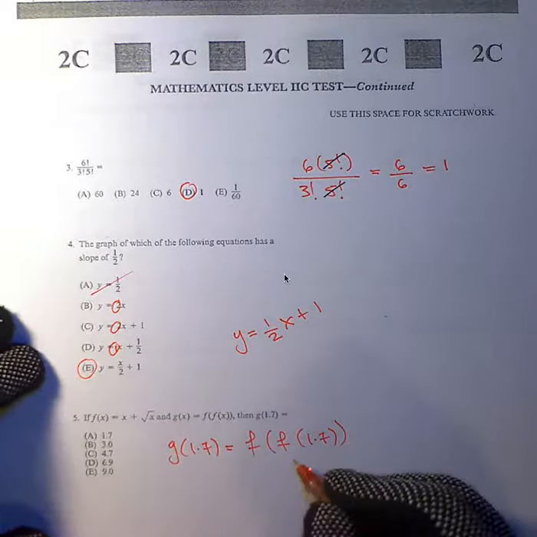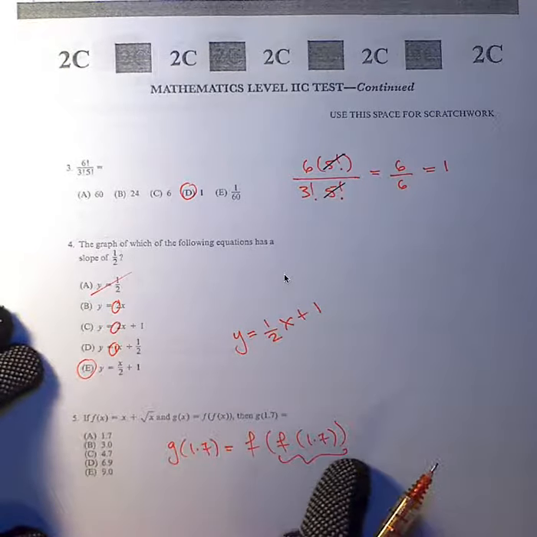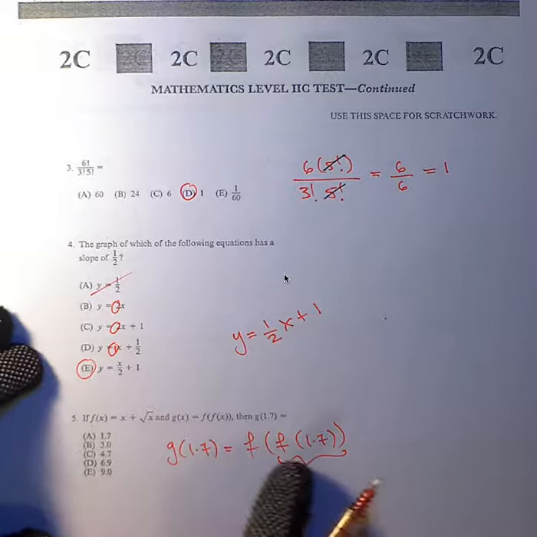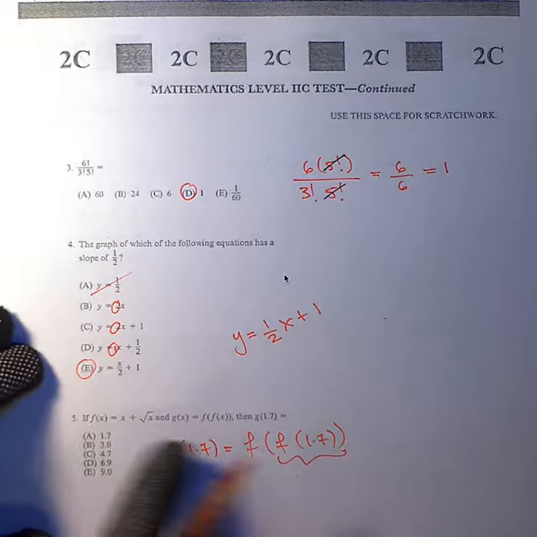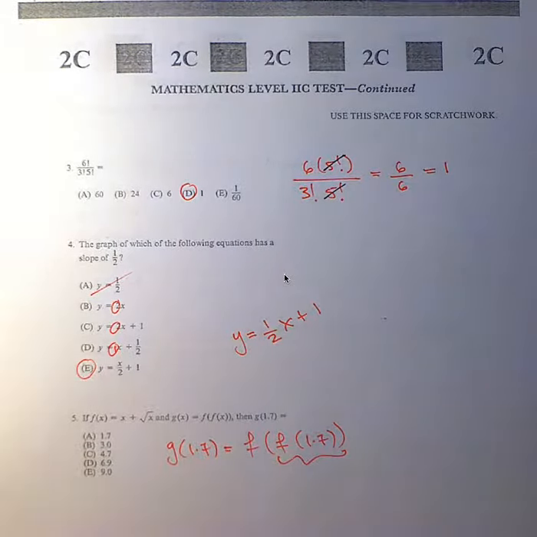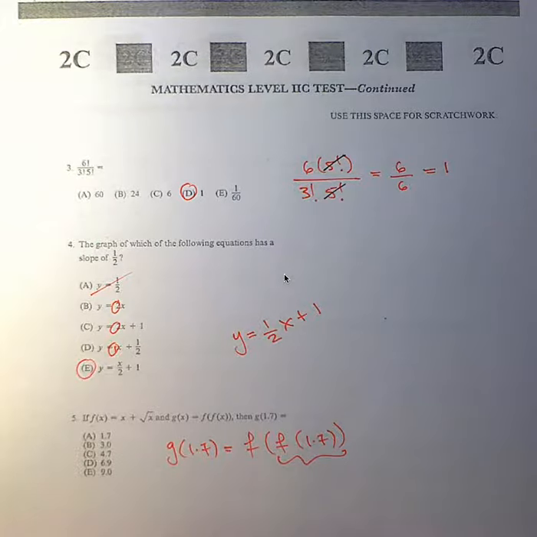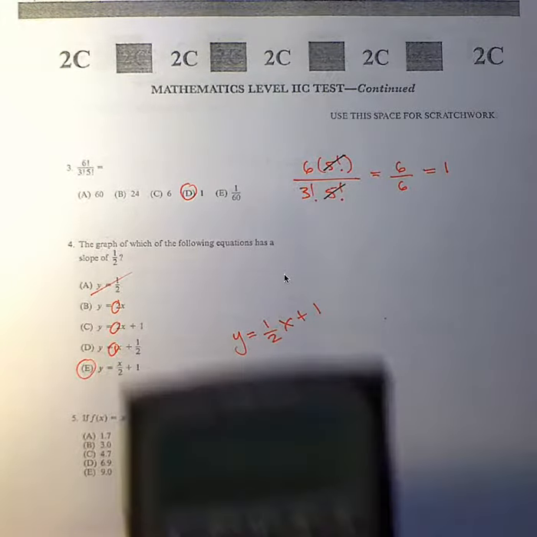So this will be some number, f of 1.7, and once you figure it out, you gotta then plug that into f. That's a lot of plugging in, especially with an inconvenient number like 1.7. If it was like 9, then fine, because the square root of 9 would come out cleanly as a 3. But the square root of 1.7, okay, so this is what we're gonna do.